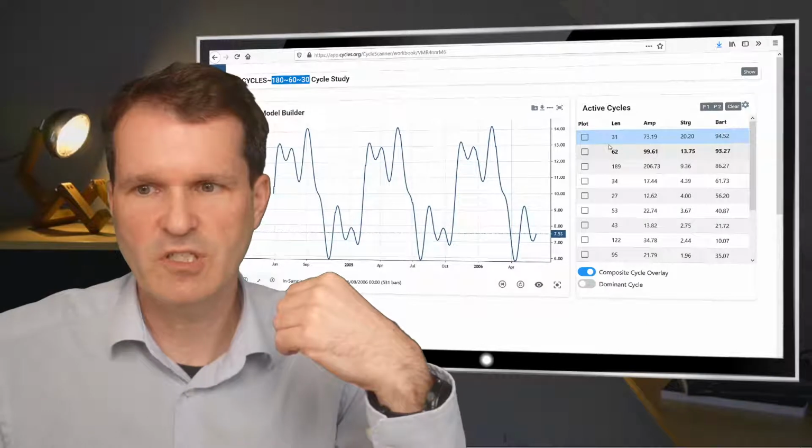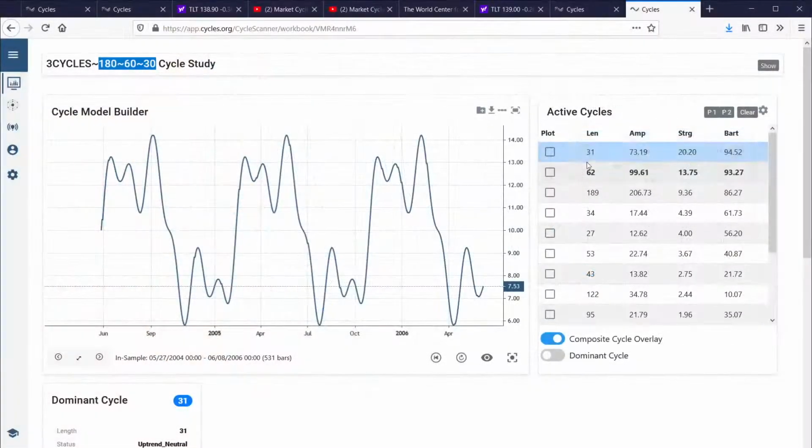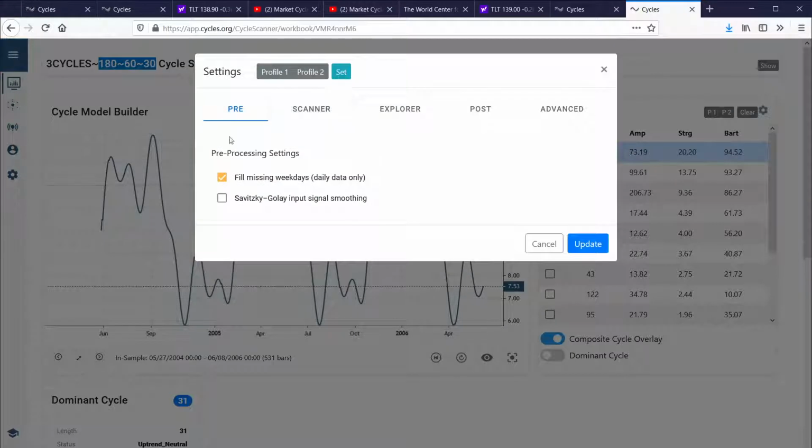And if you see the results from the cycle scanner, the cycle scanner told us there's 31, 62, and 189. So you can think about why there is a deviation first. The first topic you always need to take care of is to ensure that you have set the right pre-processing.